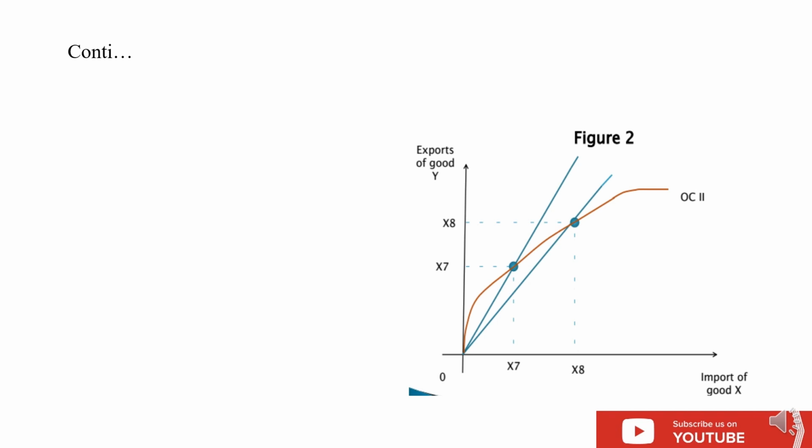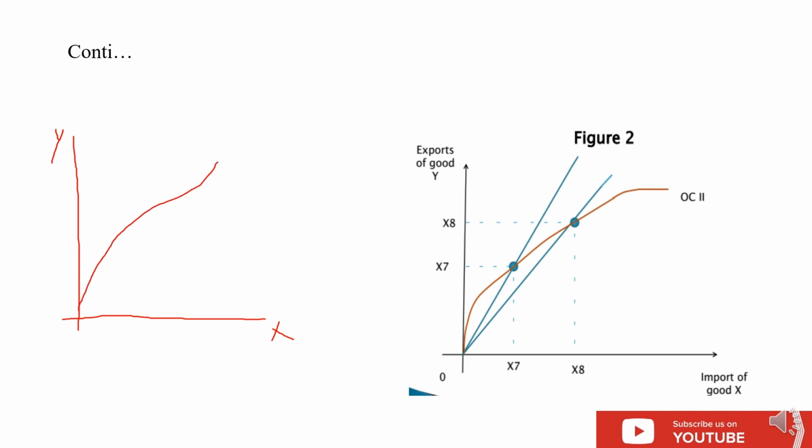Let's try to understand both the diagrams in one. So on x-axis and y-axis plane, we have y commodity and x commodity. And there are two offer curves of two countries.